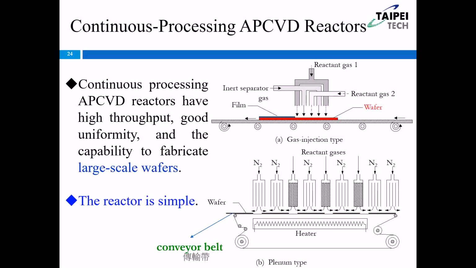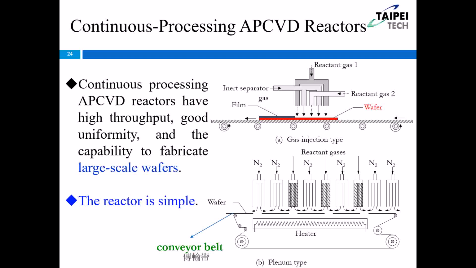But you see how the gas flow is very uniform across the silicon wafer, because we want to make sure we have a very uniform thickness. We want to make sure we have the uniform growth rate. So we need to make sure we have the uniform gas flow across one single wafer.